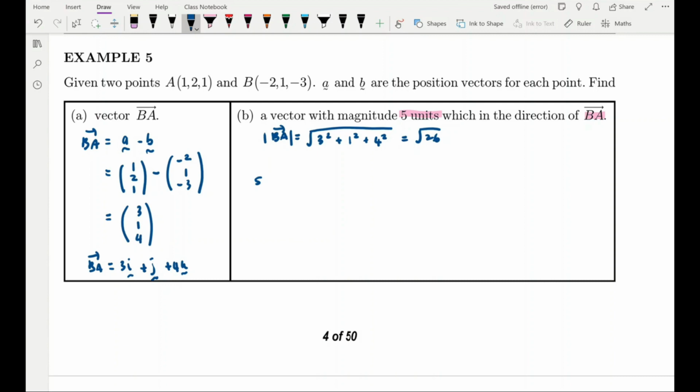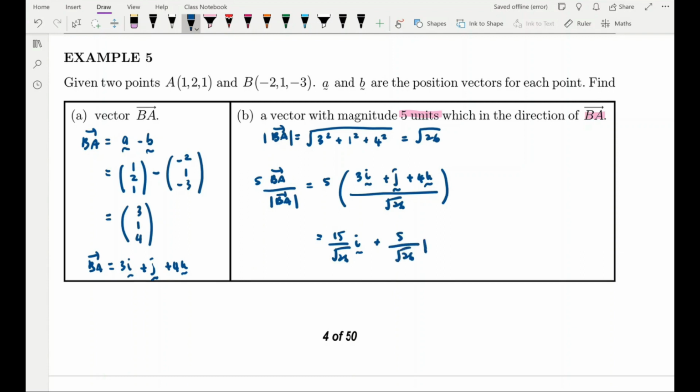So the vector 5 units long in the BA direction is equal to 5 times (3i + j + 4k) over 26. So the answer is 15/26 i plus 5/26 j plus 20/26 k.